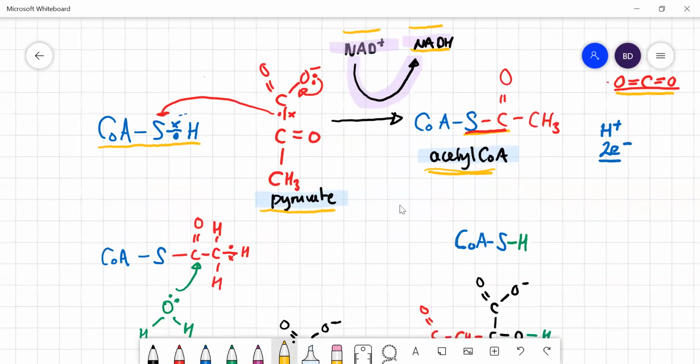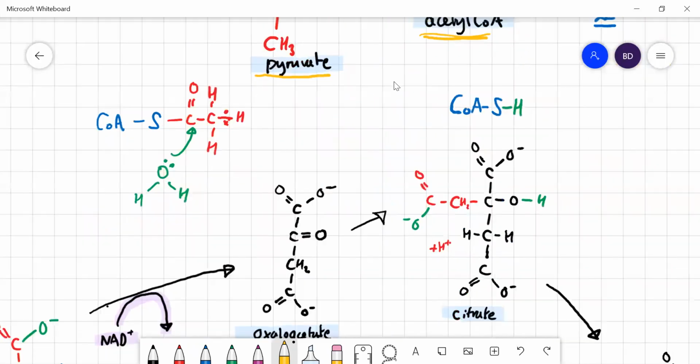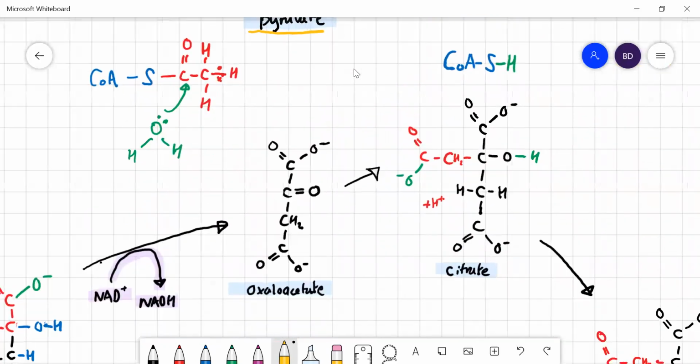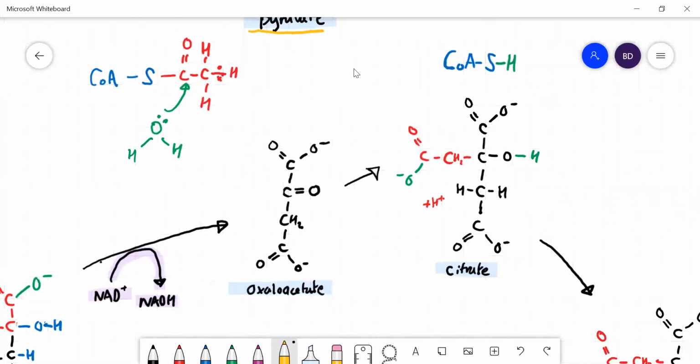Okay, so let's move that up a little bit here. Now, what we have got here is this chemical, oxaloacetate, and we have got acetyl-CoA, which is here. Now, what acetyl-CoA tends to do is withdraw electrons.